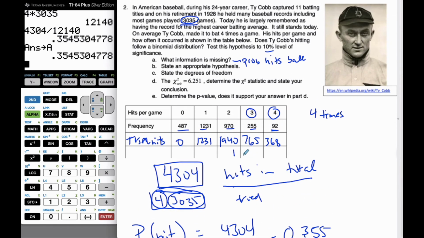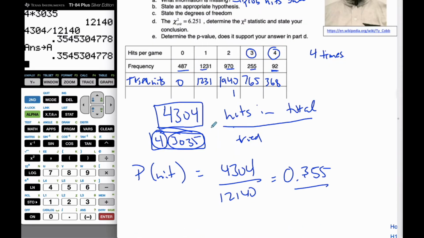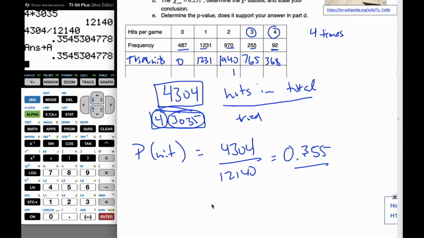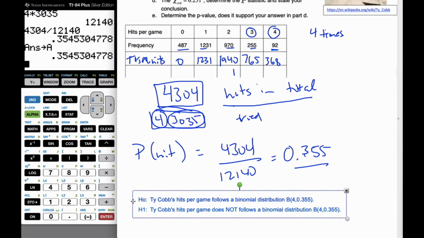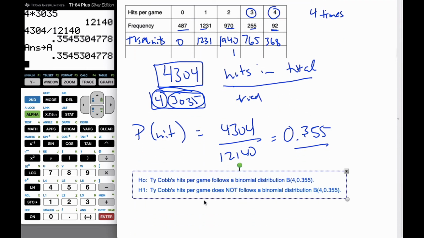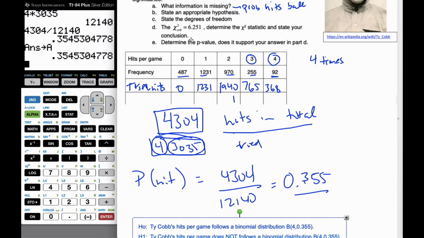We need to now state an appropriate hypothesis. So to say the appropriate hypothesis, we want to say the null hypothesis is Ty Cobb's hits per game follows a binomial distribution with n of 4 and probability of 0.355. So we're saying that it fits binomial, whereas the alternative, it does not fit binomial. Okay, and so now that we know that, we have to find the degrees of freedom.